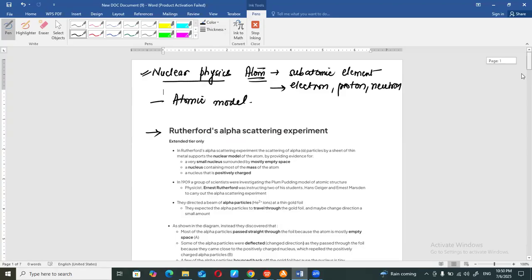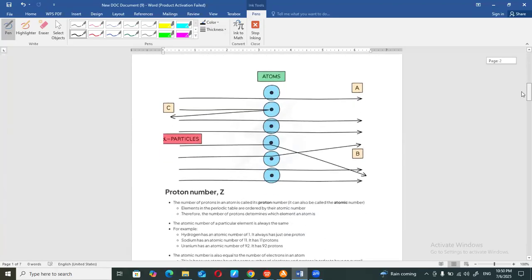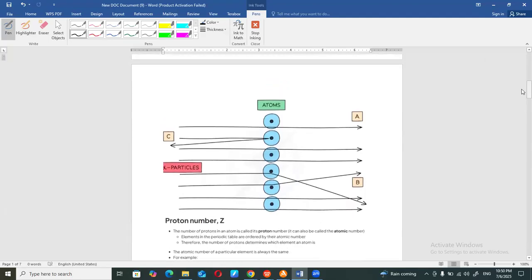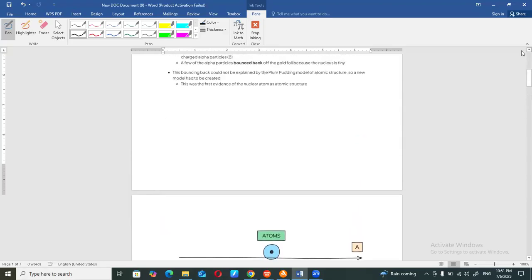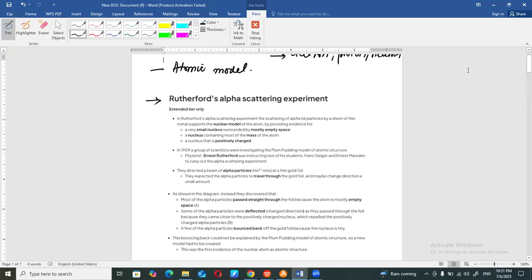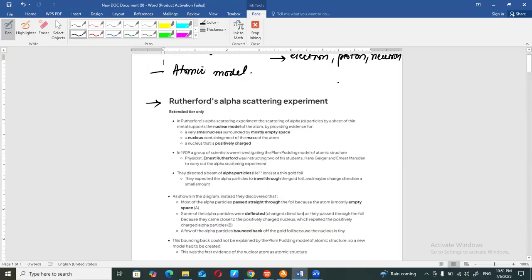Now, what actually is happening in this? This is very interesting. It's the gold foil experiment. In this experiment, there is a substance that releases alpha particles.